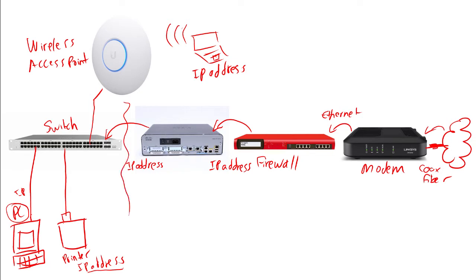Or the PC says, hey, I'm going to send a message to the laptop. Well, the laptop's on Wi-Fi, so the PC sends a message to the switch. The switch says, hey, the laptop's connected to the Wi-Fi, which is on this port.